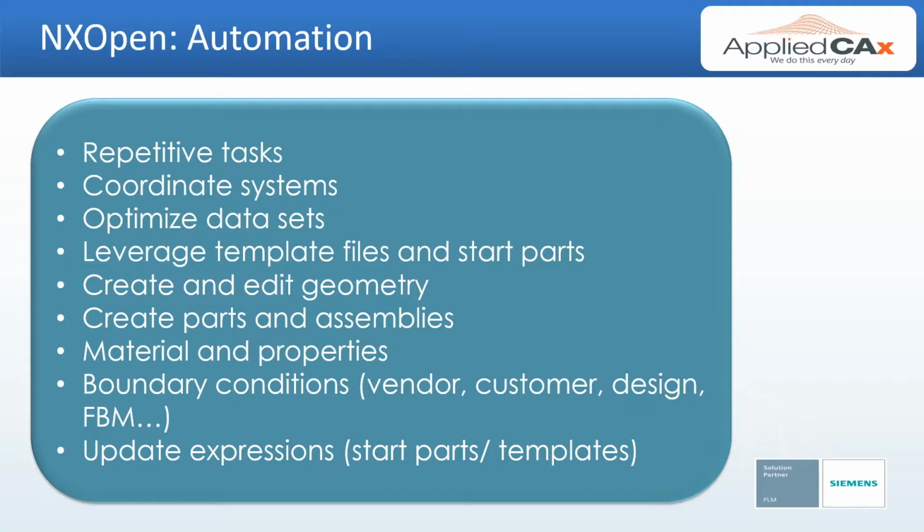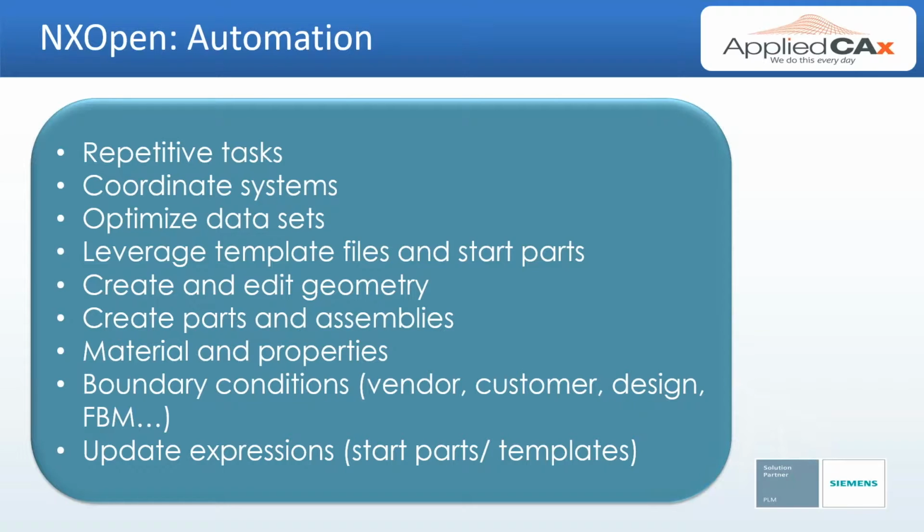If you're already using template files for your designs or your CAM, and there are steps that you repeat frequently, that is an opportunity to get more out of your templates using NXOpen. Additionally, we can create and edit geometry, and create parts and assemblies. You can take advantage of materials and property specifications.